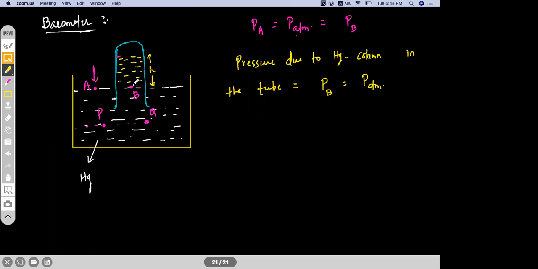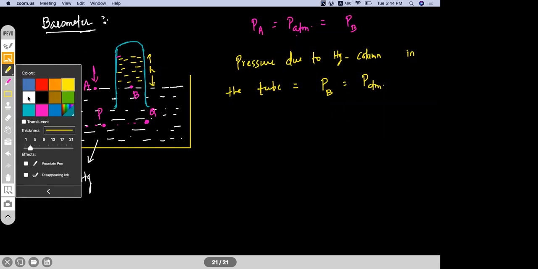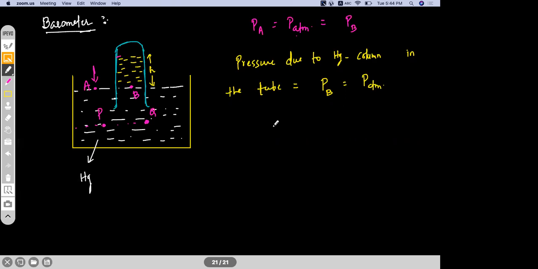Now you see, this part I am drawing separately here because we need to balance it. The forces must be equal. Suppose this is the Hg column we have. Exactly this part I have taken over here. Obviously this will have a certain mass, so its weight component is mg, in the downward direction, right?